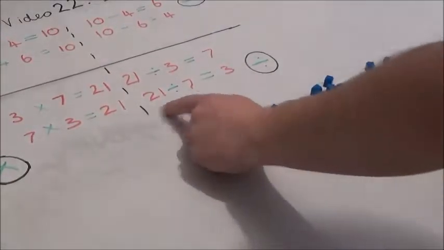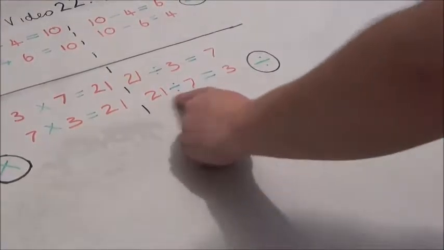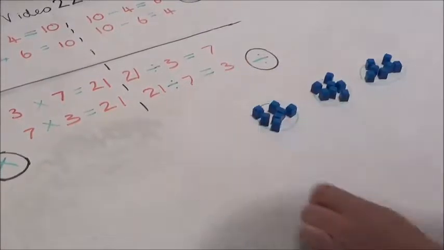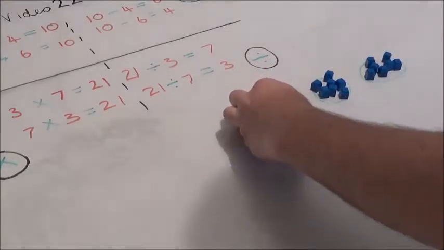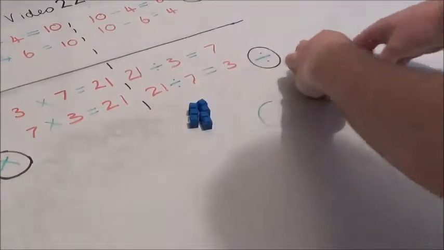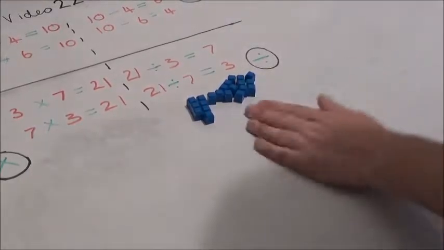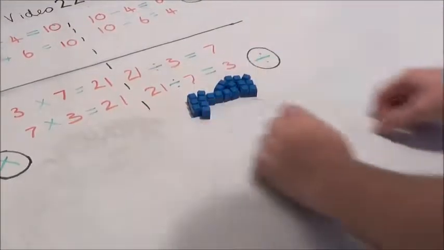Same way, if I was going to look around and actually meaning the same thing, 21 divided by 7 equals 3. I may have my groups of 21. I'm going to keep them all broken up, even though there should be 2 sticks and 1 unit.